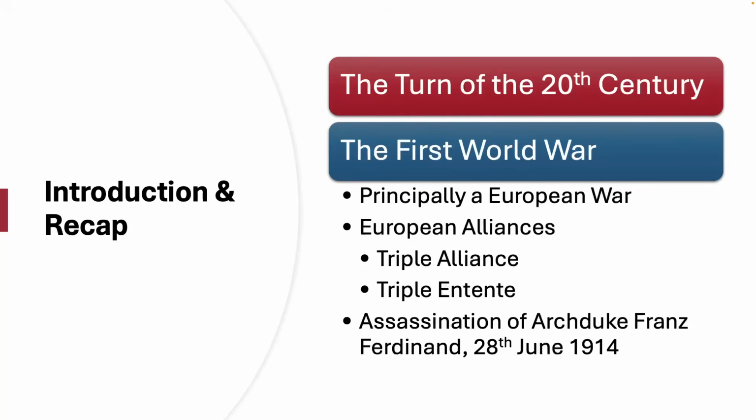So with the support of Germany, the Austro-Hungarian Empire issued an ultimatum to Serbia. Now, this ultimatum was ultimately unsatisfactory. Arguably, it was demands that they knew they were never going to accept. This is sometimes known as the July crisis, the crisis of the month of July.